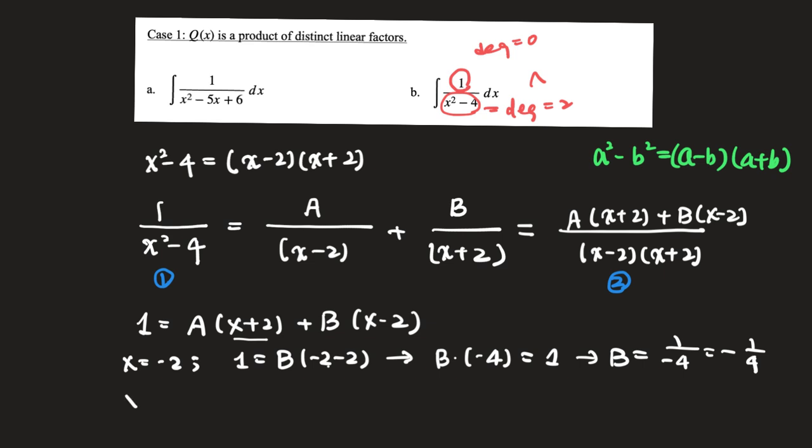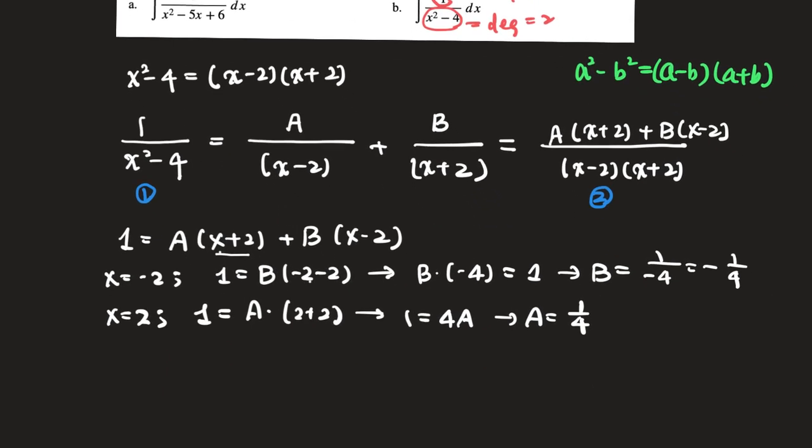Same thing, plug in x equals 2: the left side is 1, and on the right, A times (2 plus 2); the B term is 0 when you plug in 2. So 1 equals 4A, and A is 1 over 4. You've found A and B.